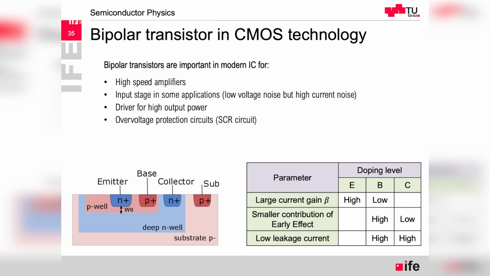But very often the three parameters are current gain, Early effect, and leakage current. Very often we want the current gain to be large. What do we have to do for that? The important property is to make the doping level of the base low and that of the emitter high, so there is less probability of recombination in the base region.